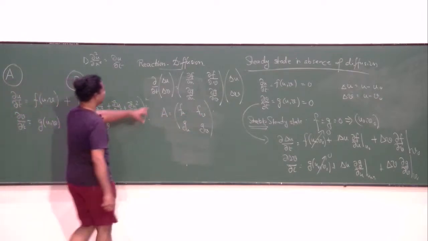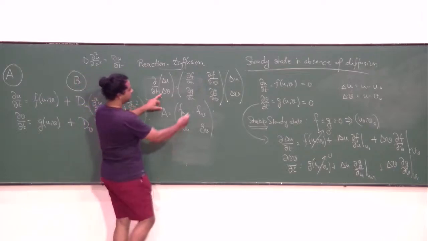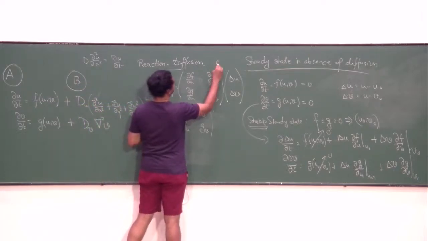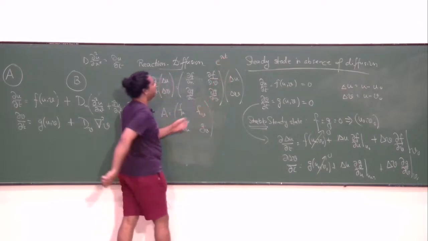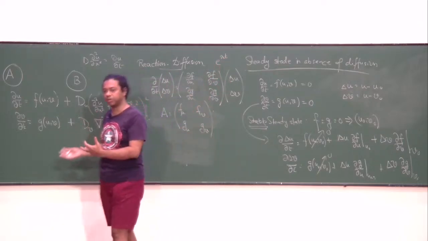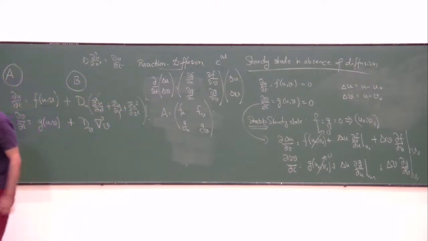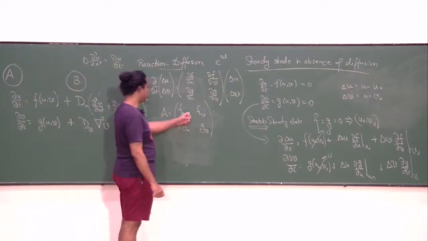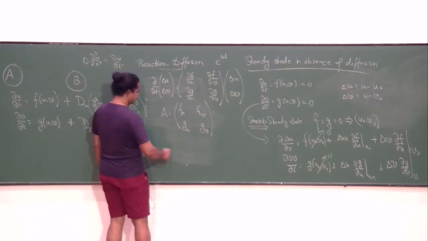An equation of this form admits exponential solutions like e to the power of lambda t, where the lambdas are the eigenvalues of this matrix. And like we discussed in the toy problem, if the eigenvalues are negative, then it's a stable solution. If the eigenvalues are positive, then these perturbations diverge and you don't get a stable solution. So what we then need to do is find the eigenvalues of this matrix.